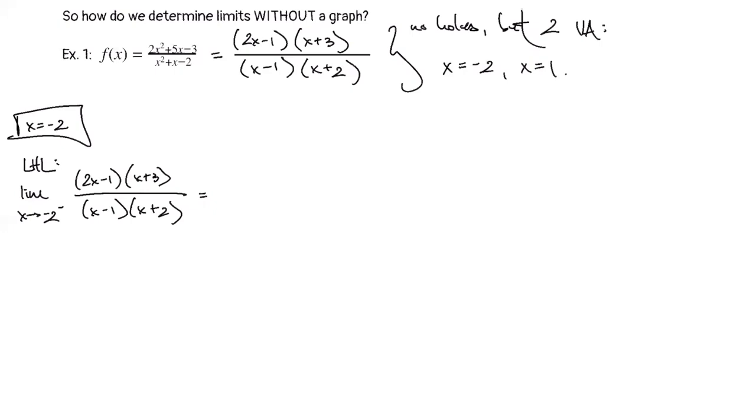I want you to pick a number that is really close to -2, but is a tiny bit to the left of -2. It looks like Aylin has said -2.1. We agree that -2.1 is to the left of -2. Yes, okay, so I think that's a good number to pick.